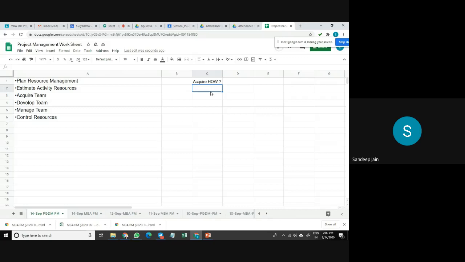What are you going to do? Small company means 10 to 50 resources, but you don't have an IT person or a website developer. What are you going to do? From where will you get the people? Assuming you are not outsourcing the complete website development to a company, you are yourself managing the project. How will you get the resources?